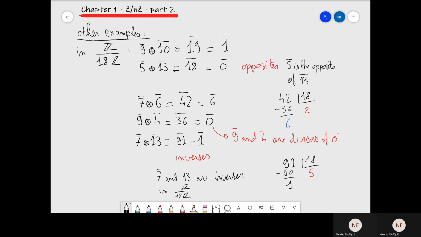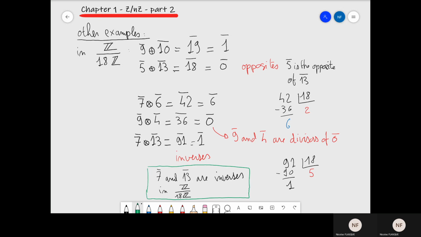Remember that when the value of n changes, the result of the operation also changes, so that you can't state that 7 bar and 13 bar are inverses whatever the value of n. They are inverses with respect to the value of n. So that's true in Z over 18Z.